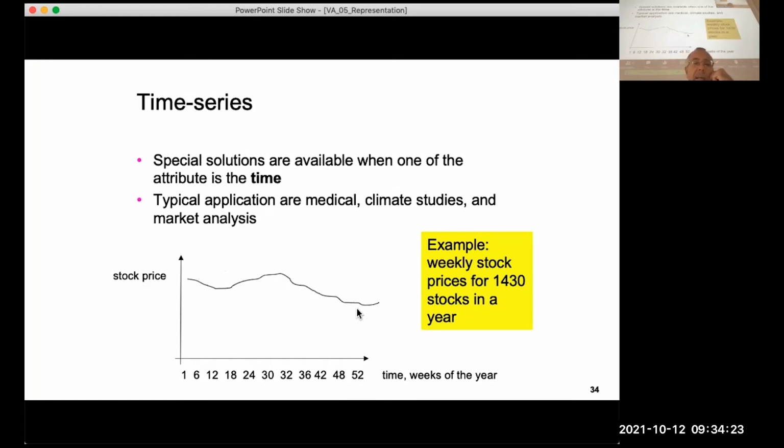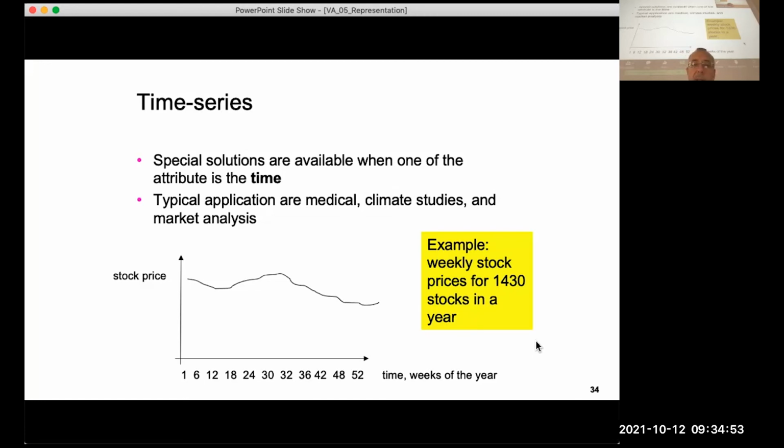This is typical for market analysis, for medical analysis, every time in which time is important. There is a part of InfoVis that is strongly dedicated to time series, and another part for geographical information. They are very strong because they are peculiar. You need special means for them.